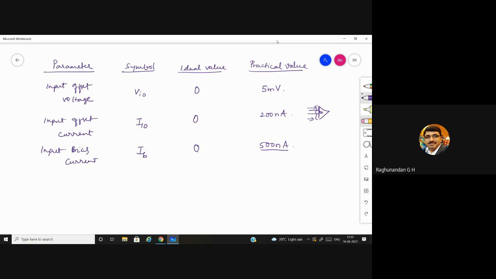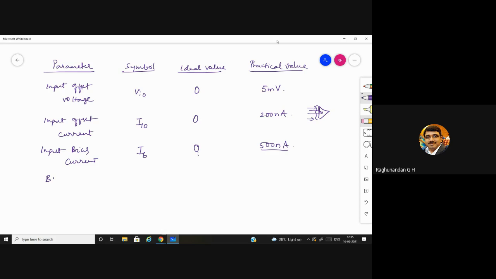It is very small, in the range of 10 to the power of minus 9, but there is some current flow. Ideally, it is 0 because the resistance is infinity. So that is how you need to analyze. There is some connection between one parameter and the other parameters.